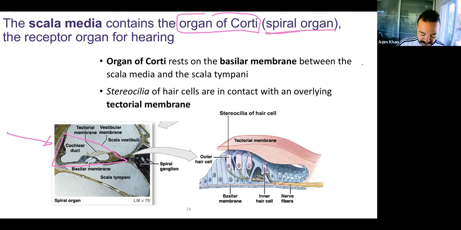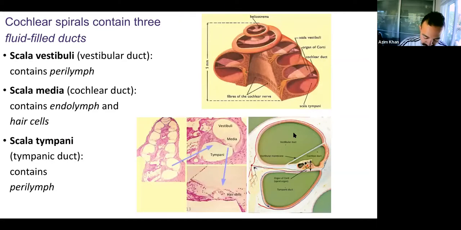Did I call it this? I think I messed up. Let me go back and rephrase these names. This is the vestibular membrane.